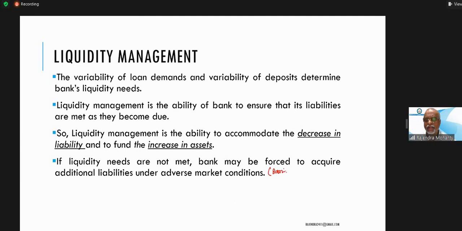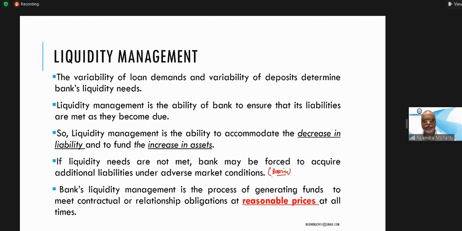Adverse market condition means high rate of interest. In that case, again, our NII will be going down, profit will be going down. But asset liability management says that profit should be retained or protected or enhanced. Okay. So liquidity management is the process of generating funds to meet the contractual or relationship obligations, those examples I have given, at reasonable prices at all times.